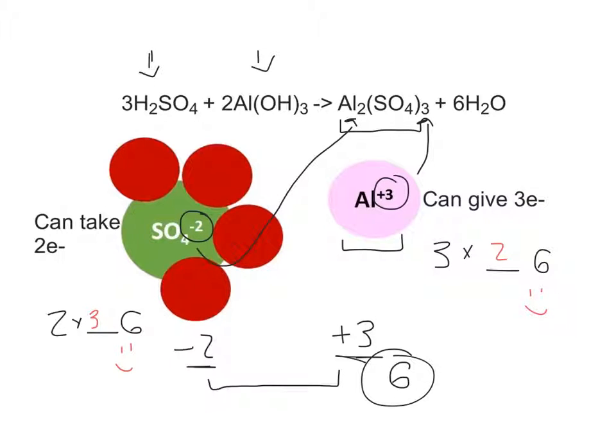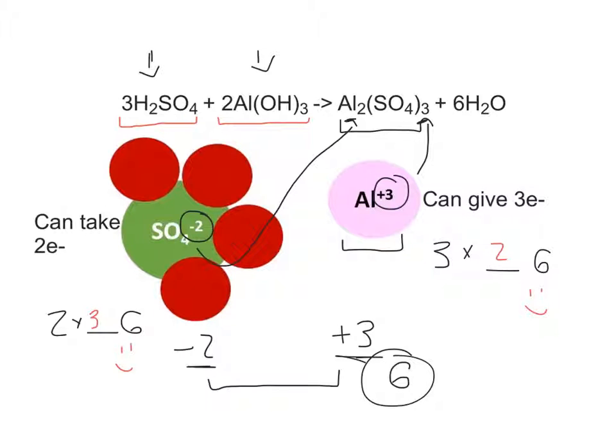So that means if we need 2 aluminum ions, that means we need to replicate the entire molecule that aluminum hydroxide is in by 2. And if we need 3 sulfate ions, that means we need to replicate the entire molecule that our sulfate ion is in.